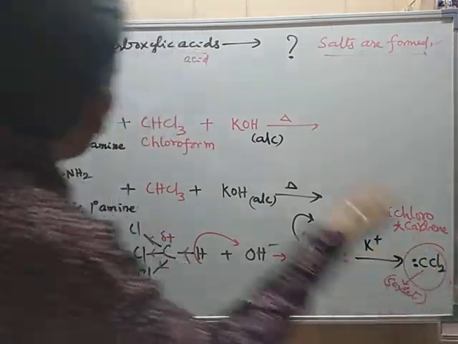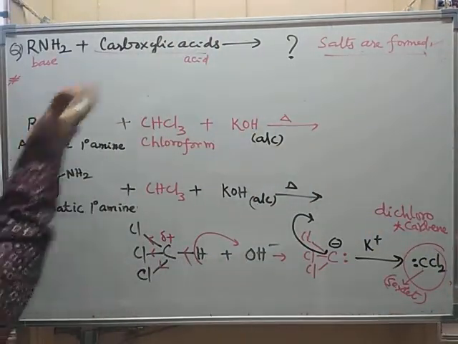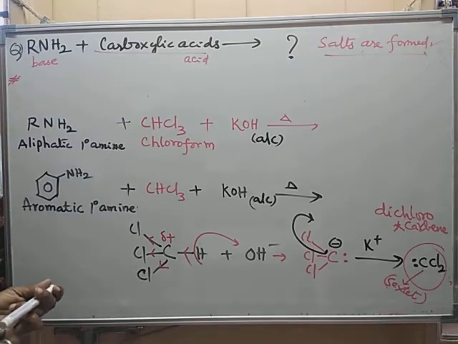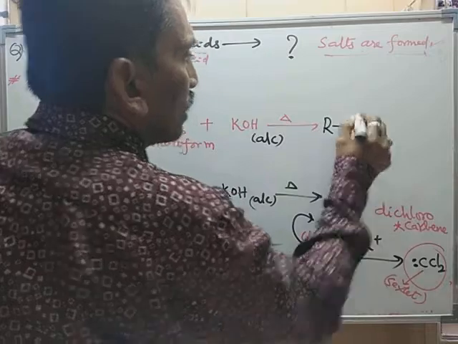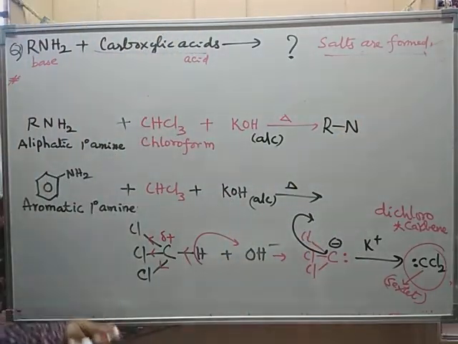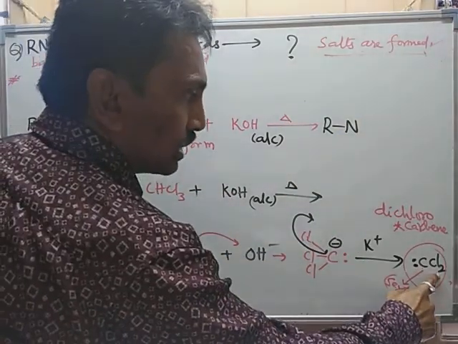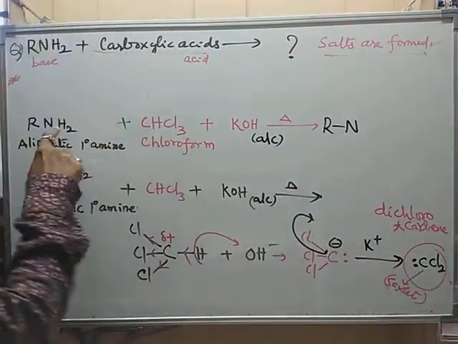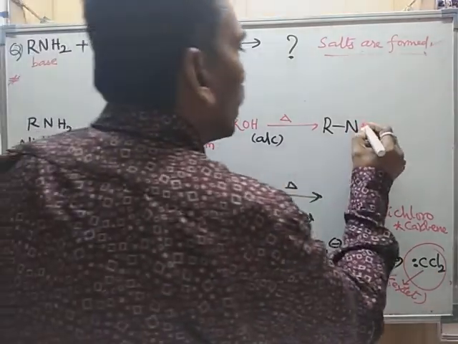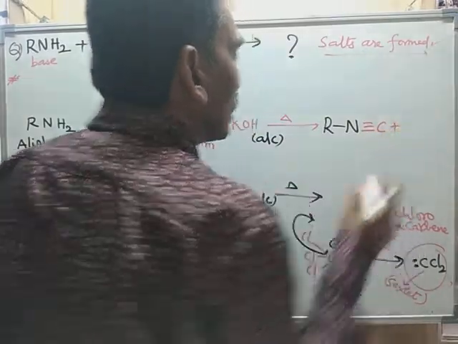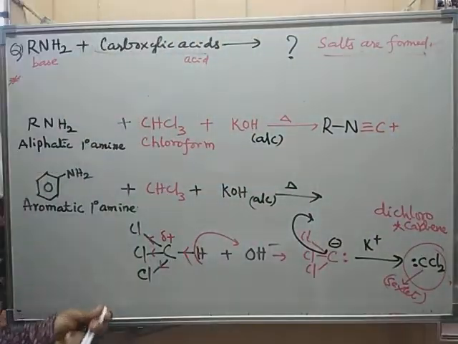This is attracted by RNH2. Finally, what is formed? RNH2 reacts with this CCl2 electrophile. 2 chlorine atoms and 2 hydrogens are taken out, and what results? R-N triple bond C, and the other products are as usual.